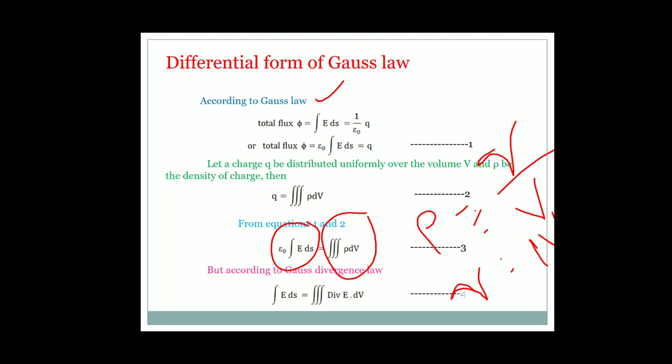So when we substitute this value into the above equation, from equations 3 and 4, epsilon naught into volume integration of del dot E dV is equal to volume integration of rho dV. So both of them are volume integrations, that is valid. So epsilon naught, when brought to the right side, volume integration of del dot E dV is equal to volume integration of rho by epsilon naught dV.